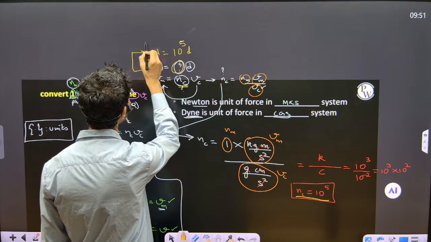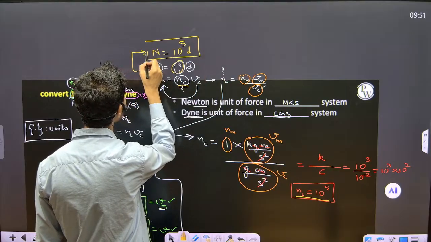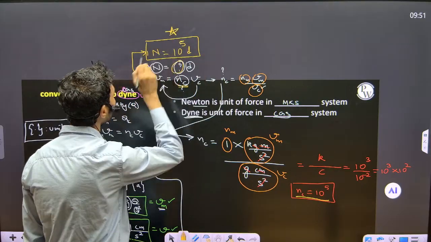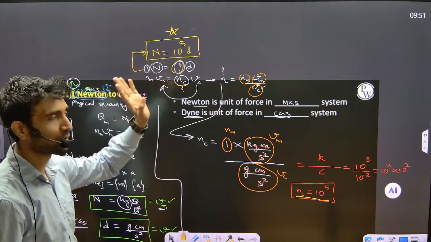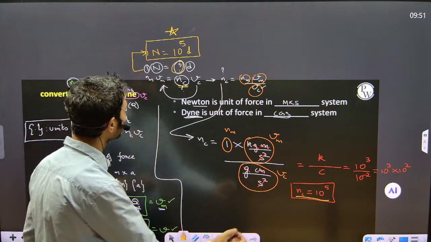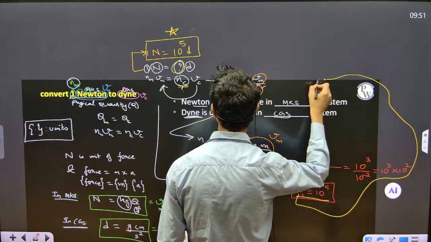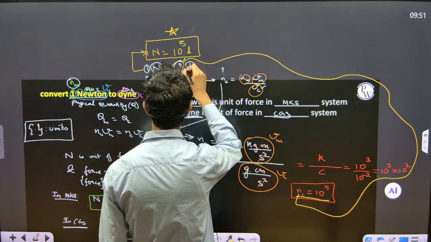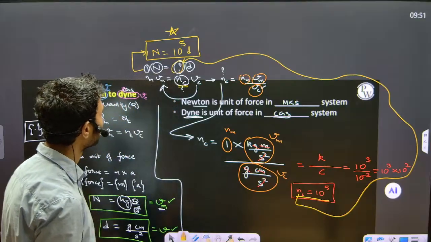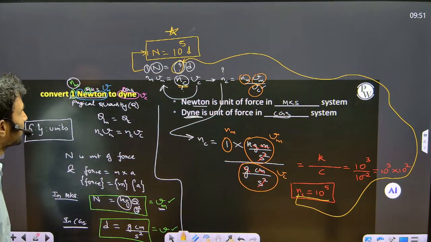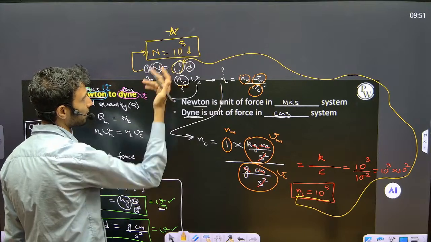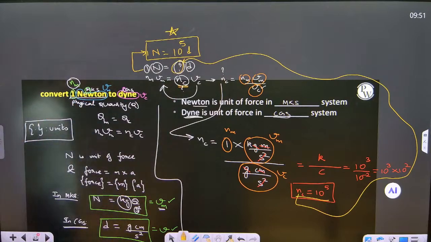So we get that 1 Newton is actually equal to 10 to the power 5 dyne, right? This value of NC, I just copy pasted it here, right? And I got 1 Newton is equal to 10 to the power 5 dyne. That's what I wanted to prove.